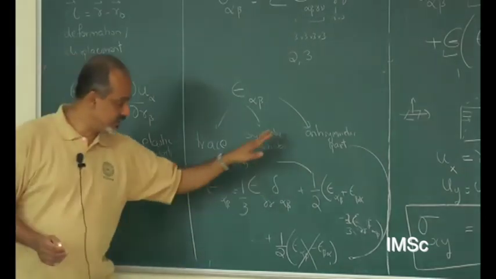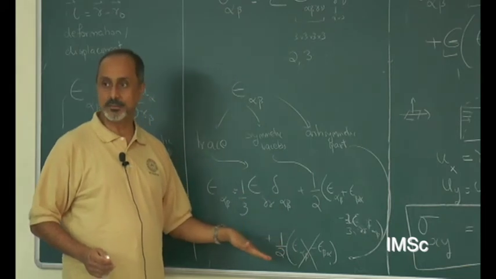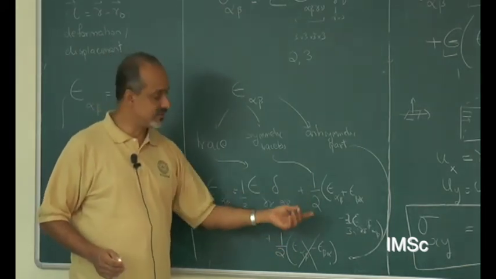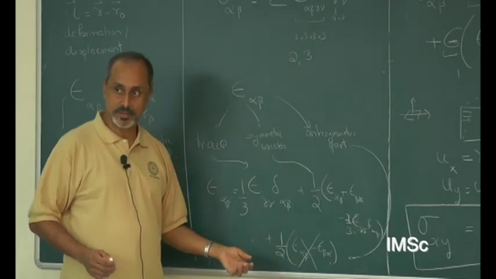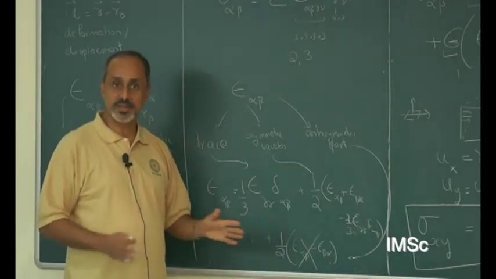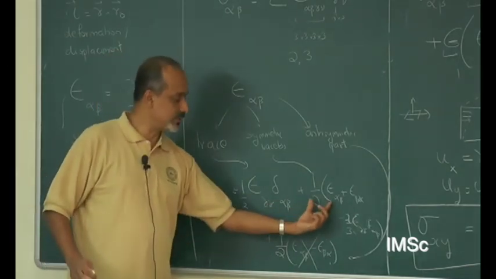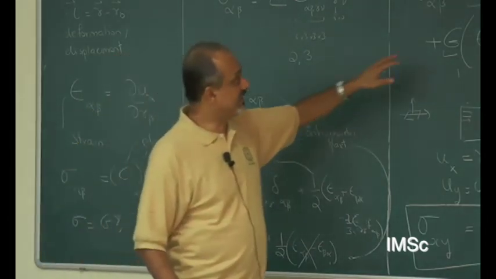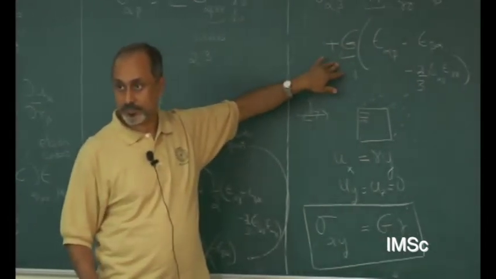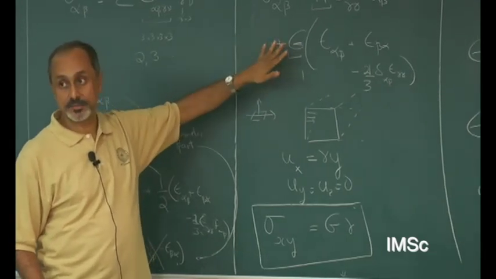And this simple breaking down just into these parts doesn't completely describe it. So I need more constants that describe more and more different types of deformation that I can do. But in the simplest case, where the material is the same in any direction that I choose, I have only two numbers to worry about, the number that sits in front of this and the number that sits in front of this. And that is the K and the G. So that is isotropic. So this is valid only for isotropic solids.